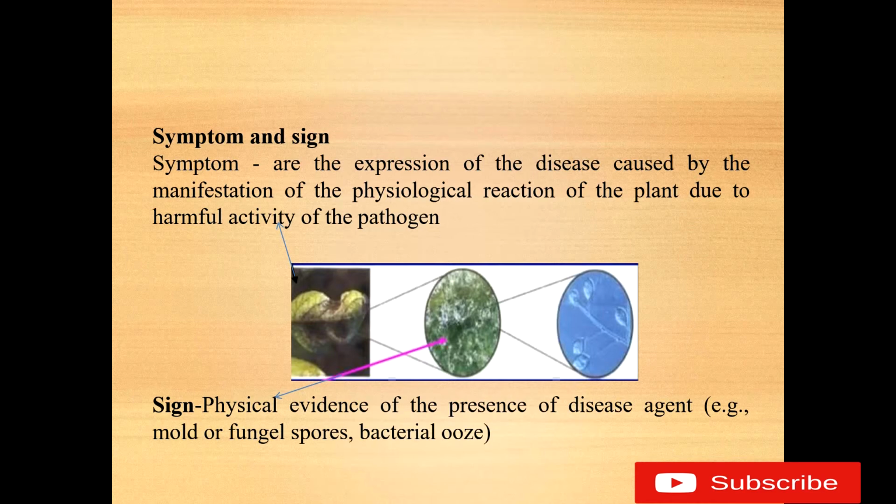The signs are the physical evidence of the presence of disease. For example, if a disease is caused by a fungus, we can see white colored patches, which is evidenced by a physical appearance. So the sign means the physical evidence and the symptom means the physiological reaction.